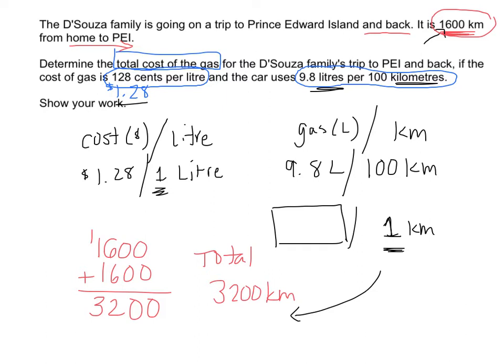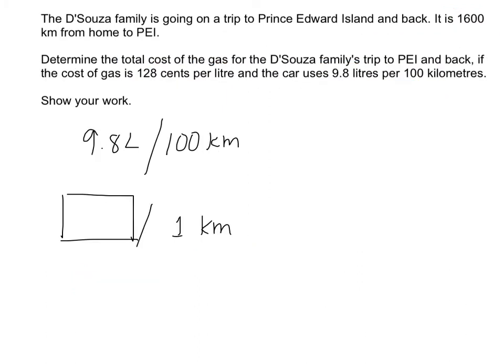Think about this. So how are we going to determine how much gas is used for every 1 kilometer? We know the rate for every 100 kilometers, but we need to know the unit rate, the amount for every 1 kilometer. Well, how do you reduce 100 to 1? Think about it. Anytime you divide a number by itself, it reduces to 1.